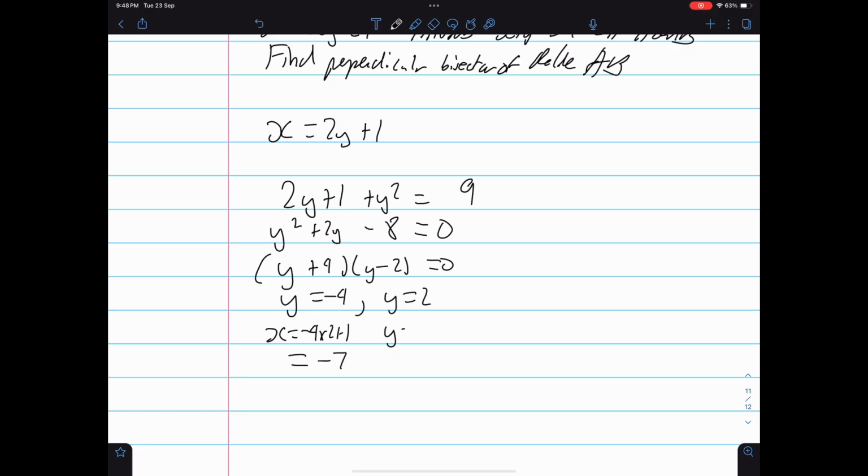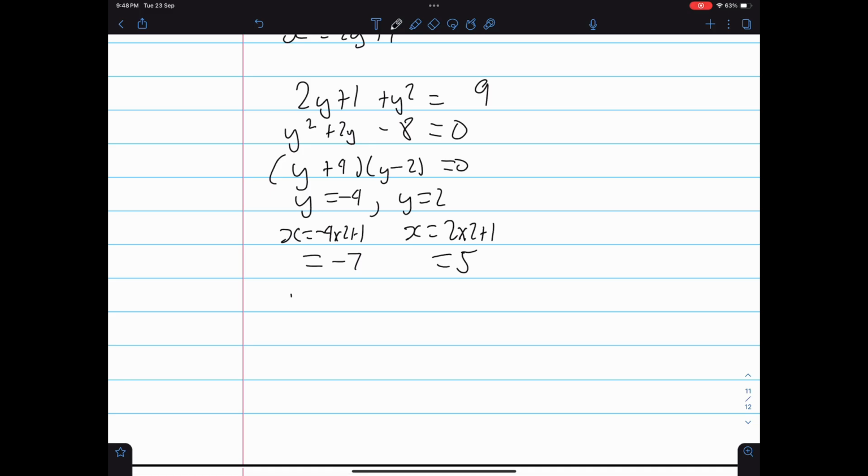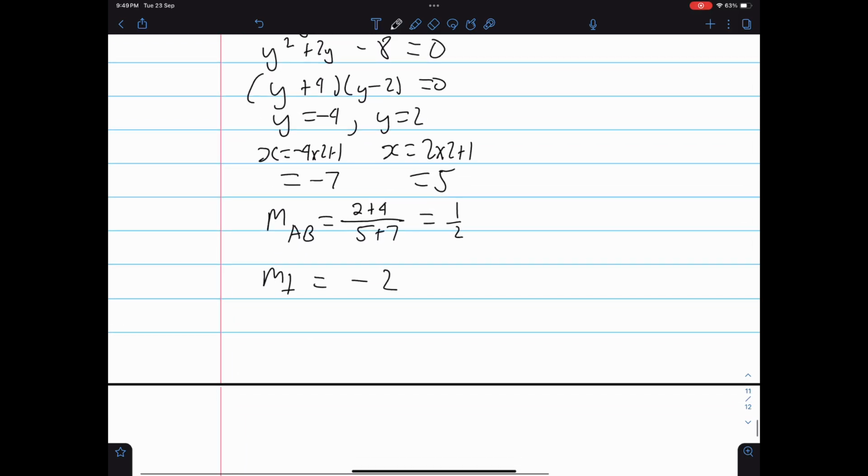So that's m of AB will be 2 plus 4 over 5 plus 7. That's a half. M perpendicular will just be minus 2 because it's the negative reciprocal.